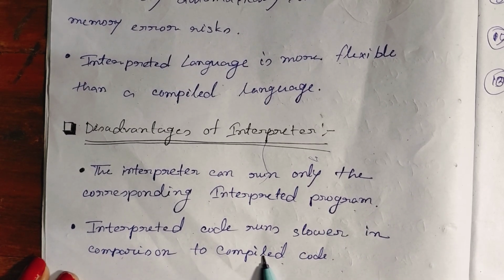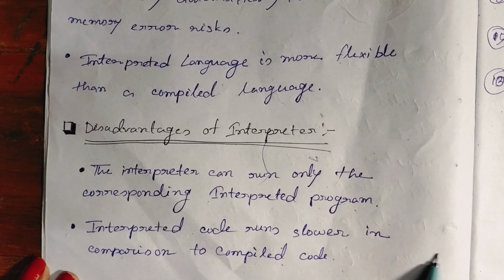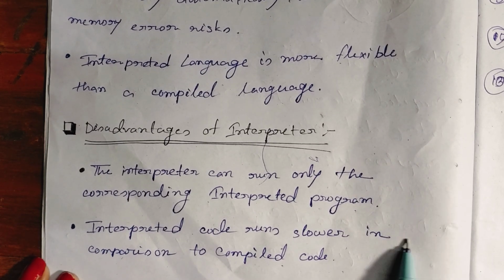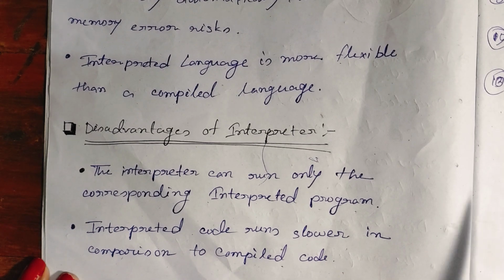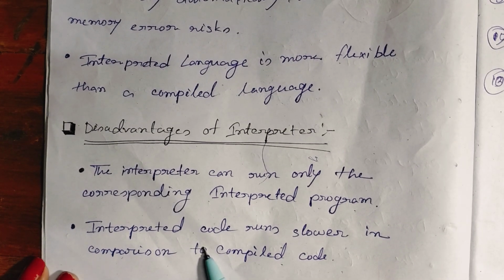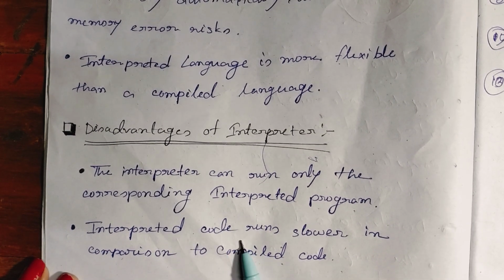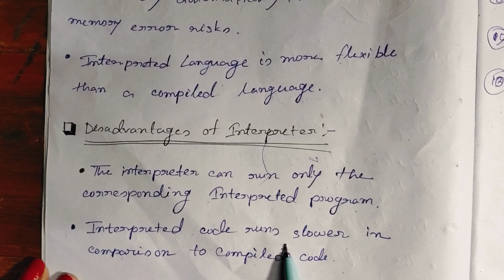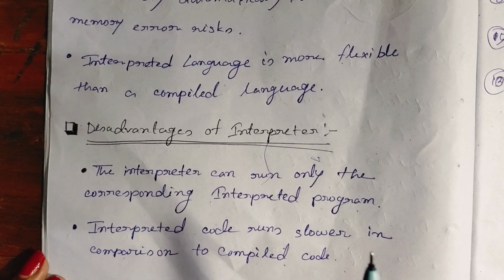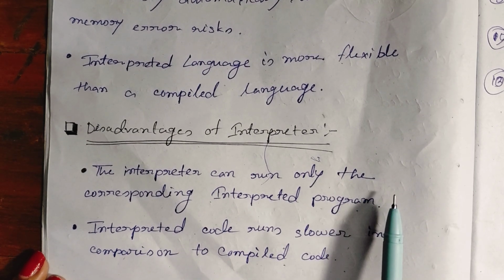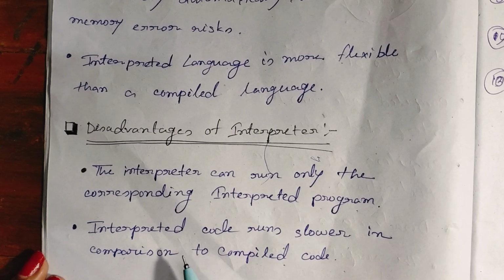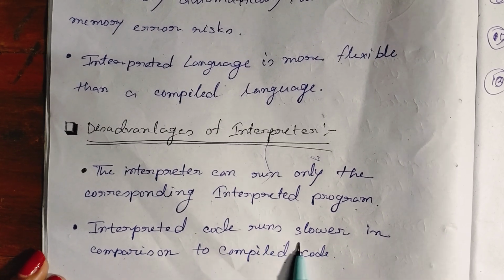In compiled code, the whole source code is compiled at one time and converted to machine code. But in an interpreter, code is executed line by line. That's why interpreted code runs slower in comparison to compiled code.